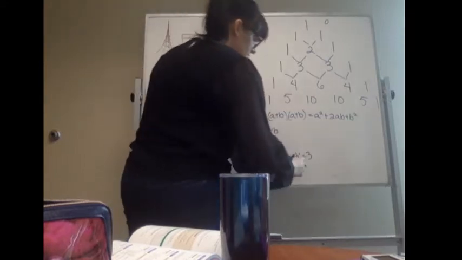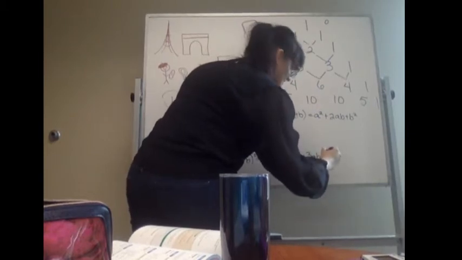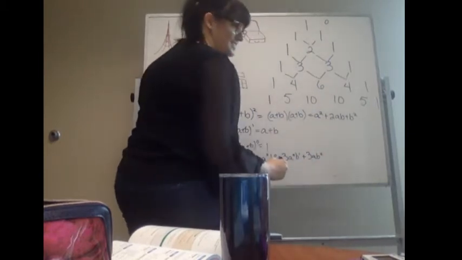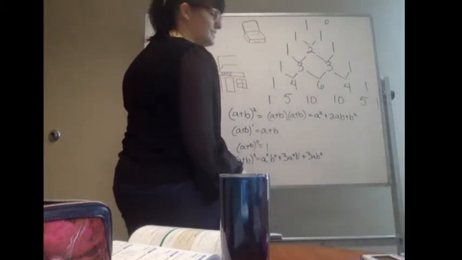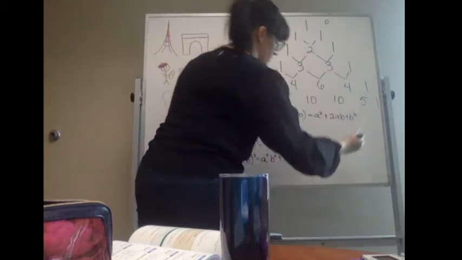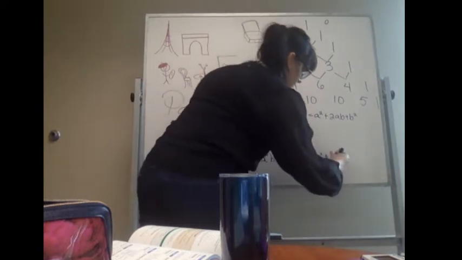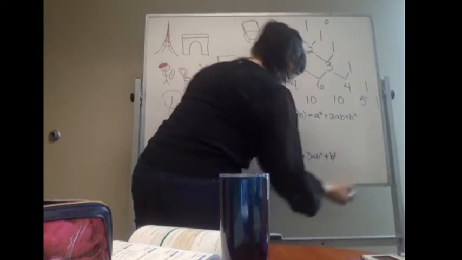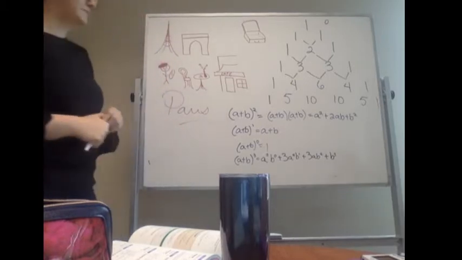So then it would be 3ab to the third, because the exponents have to add up. And then our last term, our next coefficient is just 1. A would be to the 0. Anything to the 0 is 1, so I'm just going to leave it off. So b cubed. Does this make sense?